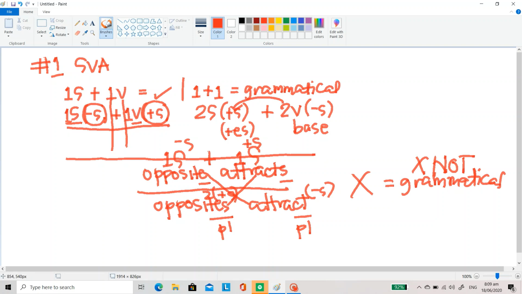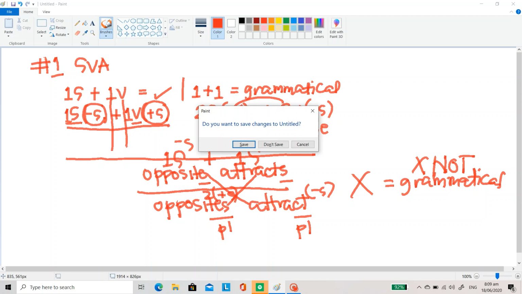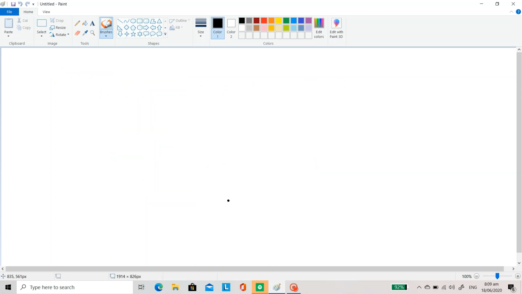So if, for instance, let me just use a clean canvas. You have a very simple sentence that says, a dog barks. I know this is elementary. Sorry, I'm catering to a generic public. So a dog barks. Obviously, you have a singular subject dog, hence you have a singular verb barks.